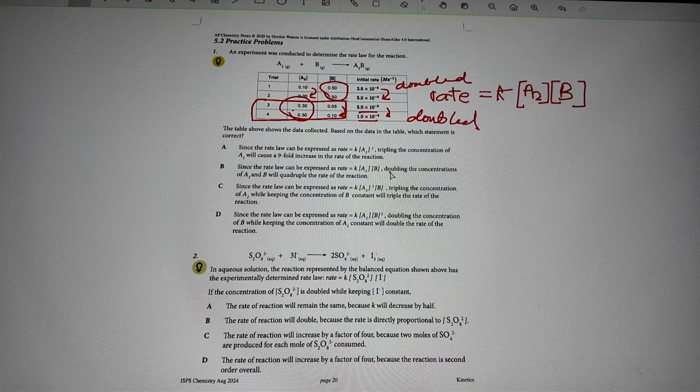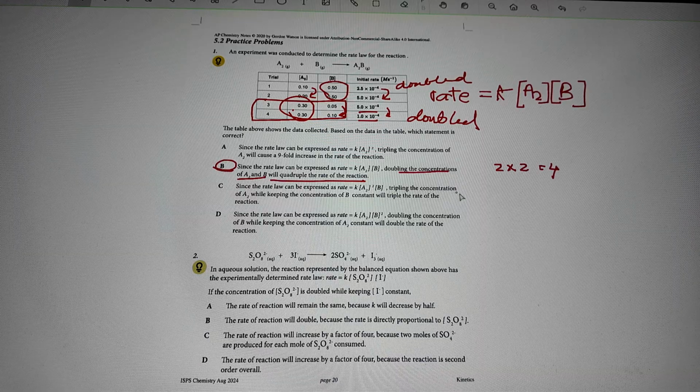So doubling both would quadruple the rate of reaction, because 2 times 2 is 4. As for tripling the concentration of A2, we don't know that. We didn't triple anything. We kept B constant and doubled A, then kept A constant and doubled B, and regardless of which we doubled, the rate doubled. So we don't know about tripling.